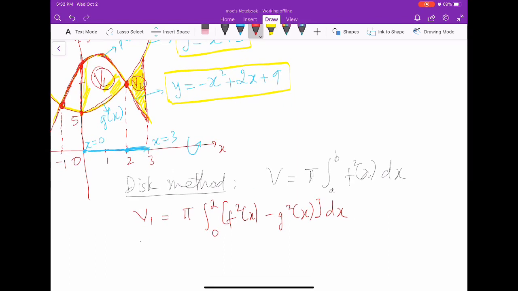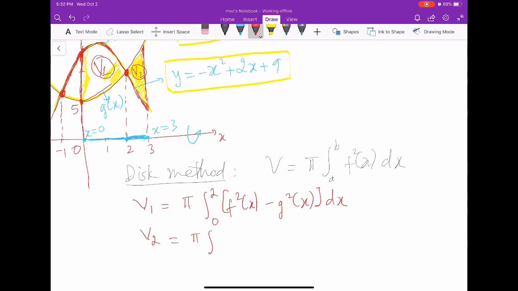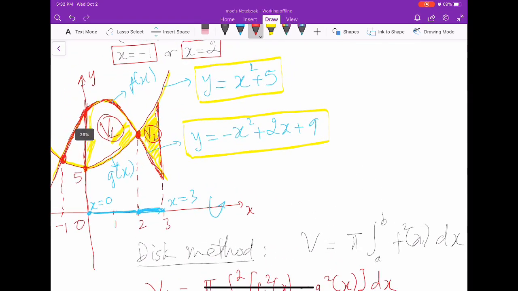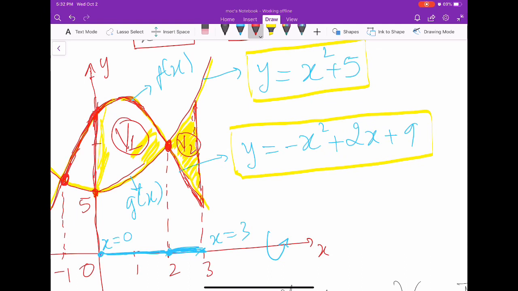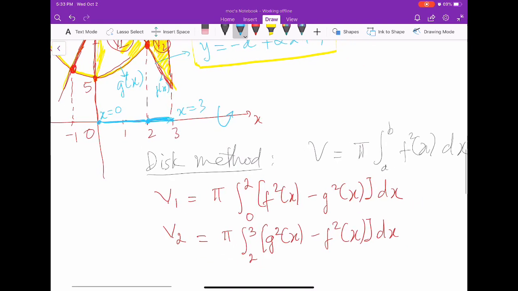And then the second one is V2 equal to pi integral from 2 to 3 of g squared of x minus f squared of x, because in this interval g is bigger than f. In the first interval from 0 to 2, f is bigger than g, but in the second one this is g of x and this is f of x. So that's why we have to write g squared minus f squared.